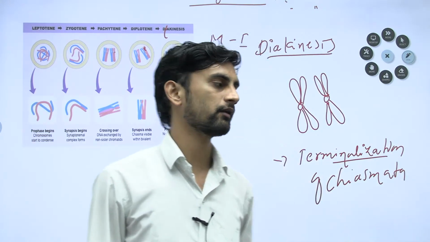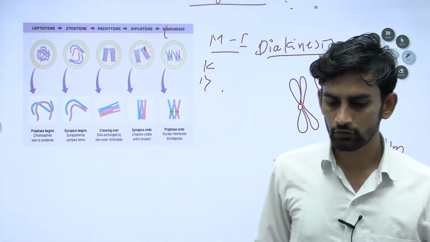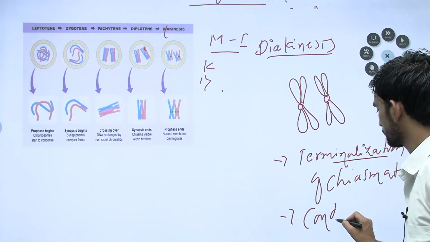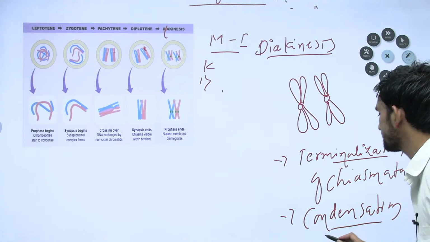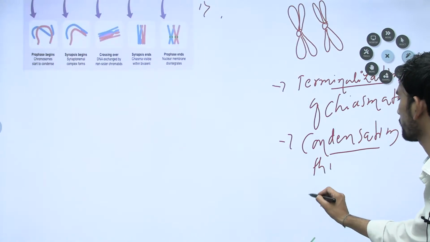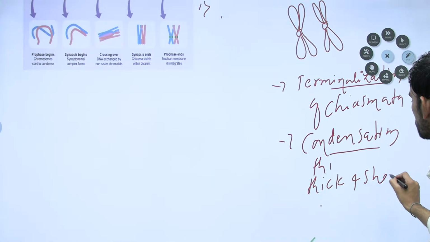Terminalization of chiasmata takes place. Once chiasmata starts terminalizing, chromosome condensation begins. So here also condensation of chromosomes. Condensation in the sense that the chromosomes will become thick and short.